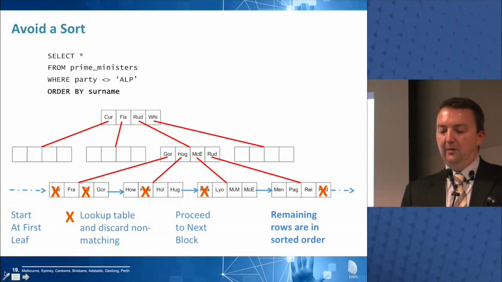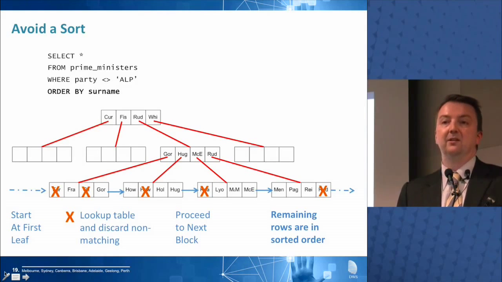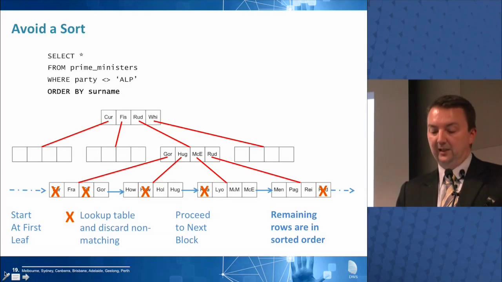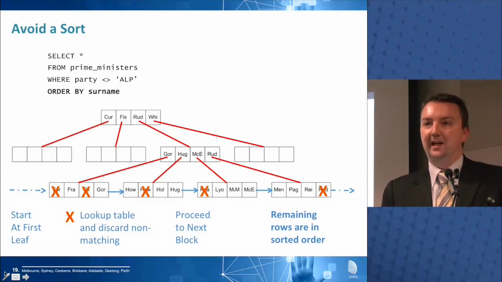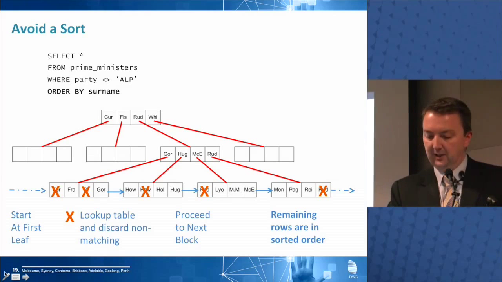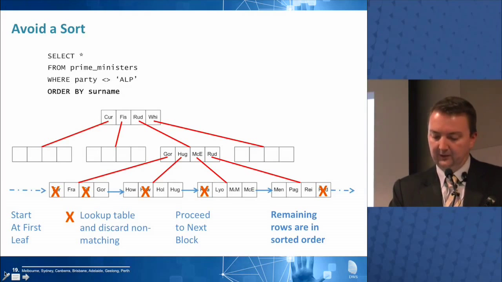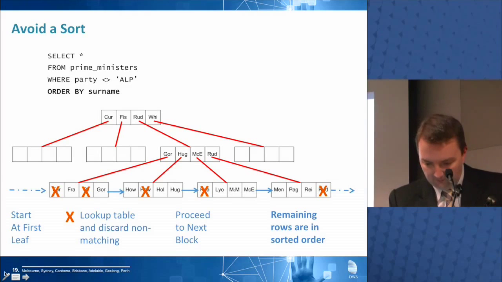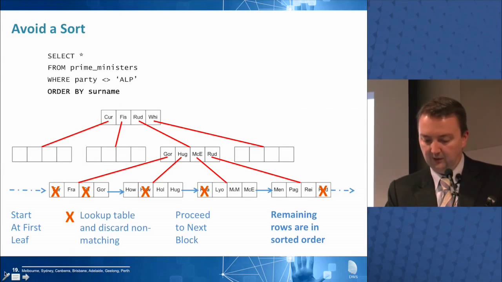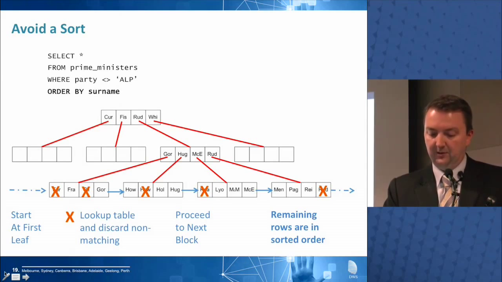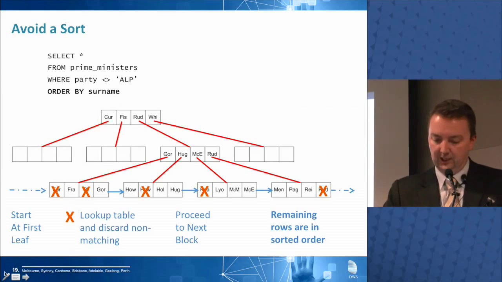And with each one, we're going to look up the table. No, he's not ALP, so I'll keep that row. Or he is ALP, I'm going to discard that row. So you can see there, we start at the left-hand side, read a block, go forward. He is ALP, so get rid of him. Fraser, he's not ALP, so we want that row, project that row.